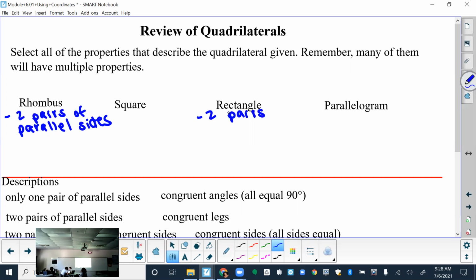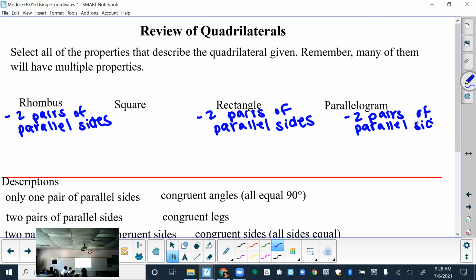Same thing, 2 pairs of parallel sides. Do parallelograms have 2 pairs of parallel sides? What about squares? All right, so they all really need to have 2 pairs of parallel sides. Squares, all right, up here, 2 pairs of parallel sides.